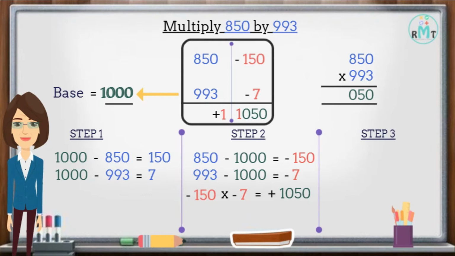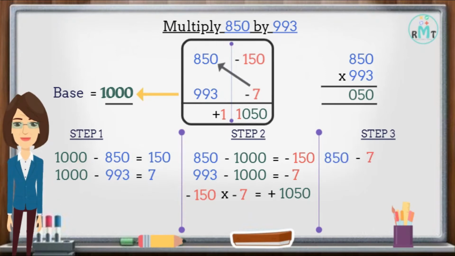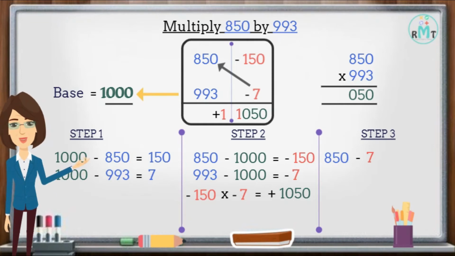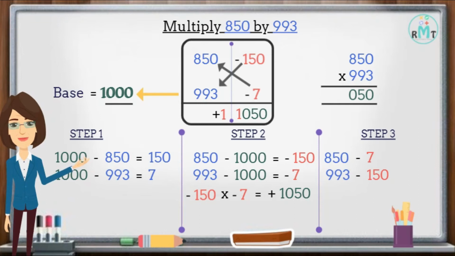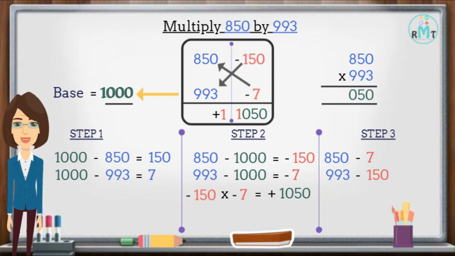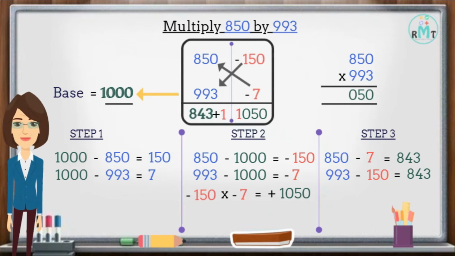Step 3. Now we subtract 7 from 850, or we subtract 150 from 993. We get the same answer, which is 843. Next, we will add carryover digit, which is 1, with 843.